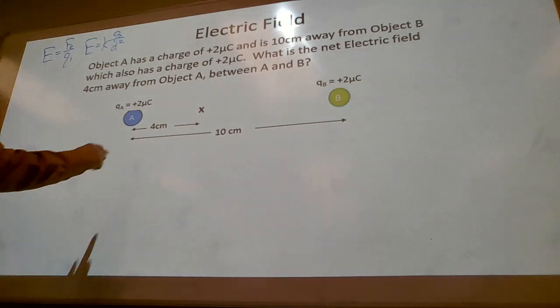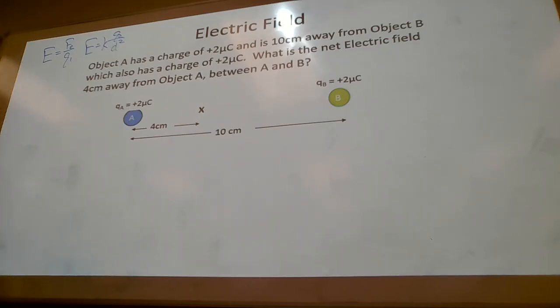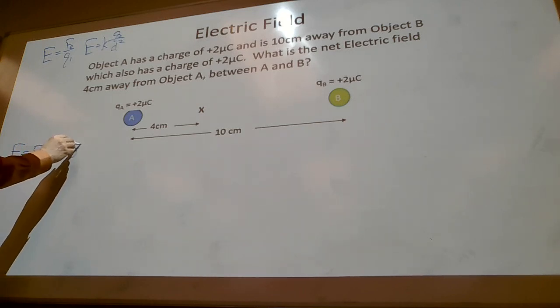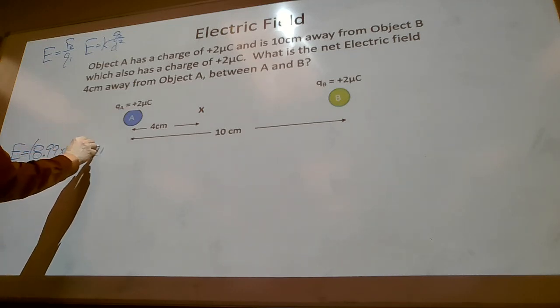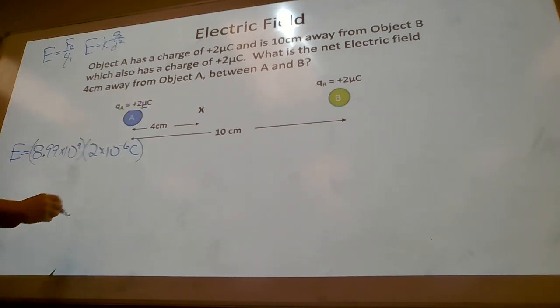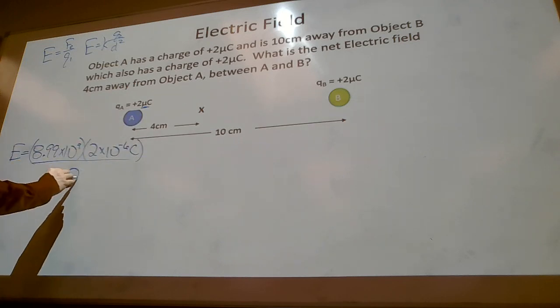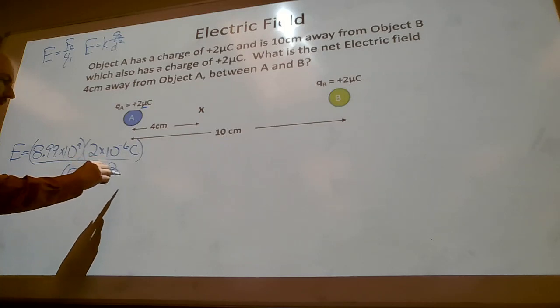I don't have a charged object here. That's what I'm focusing on. So I've got the electric field equals 8.99 times 10 to the 9th, times 2 times 10 to the negative 6th, because it's microcoulombs, divided by 4 centimeters, so 0.04 meters, squared.